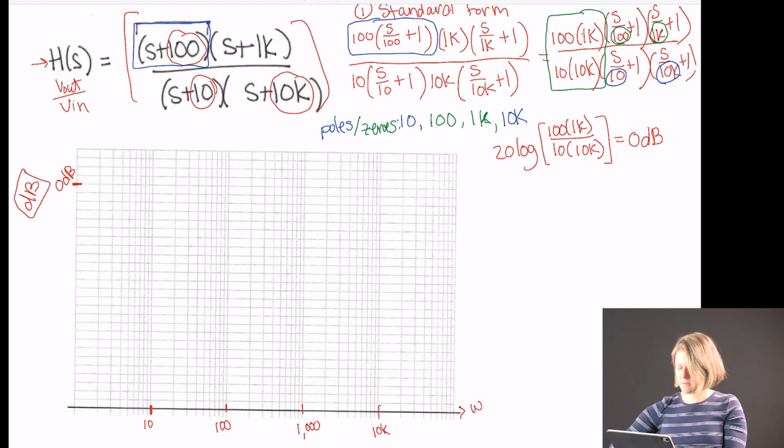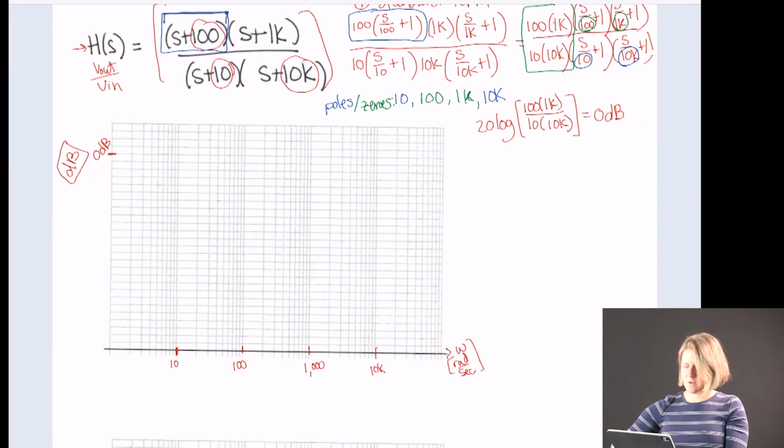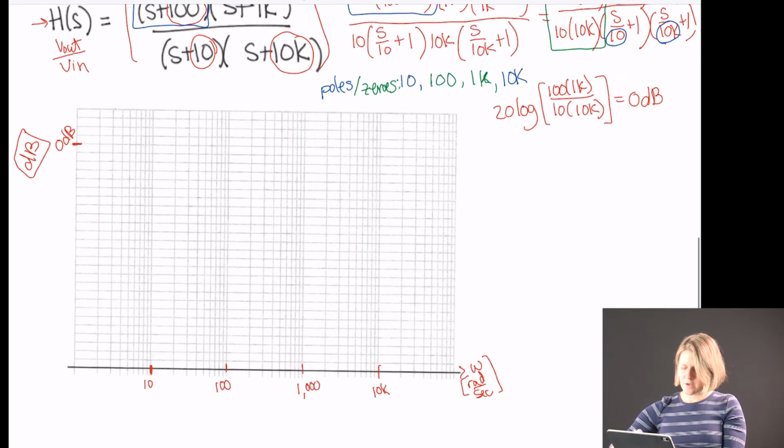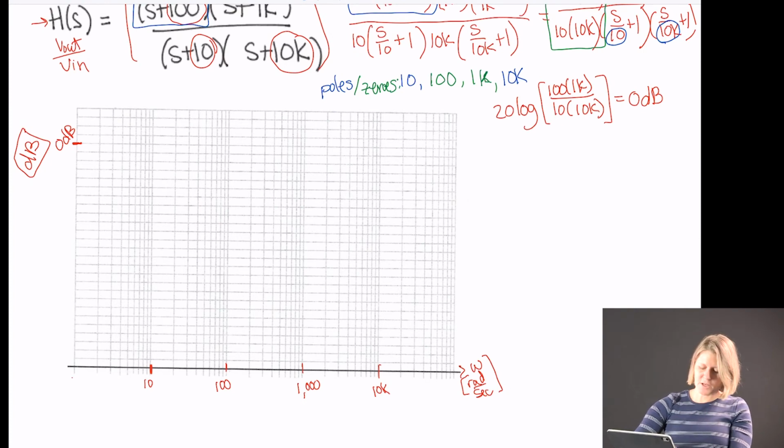So omega, which is in radians per second, and then this is going to be a 1 starting value.